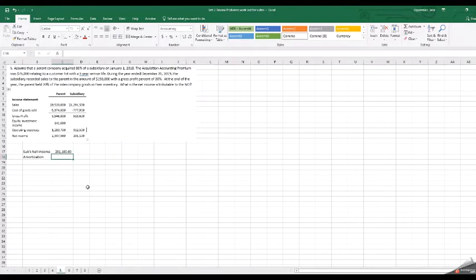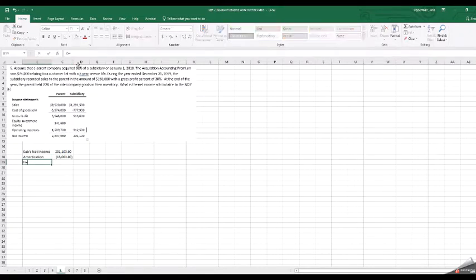It tells us that the acquisition accounting premium is $75,000 related to a customer list. So $75,000 divided by my 5-year service life is $15,000 a year that we need to amortize. So I'll subtract that out.